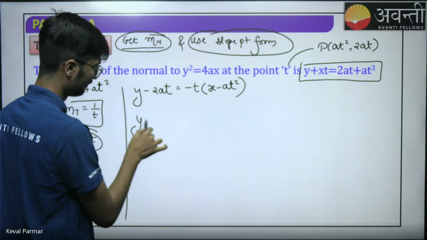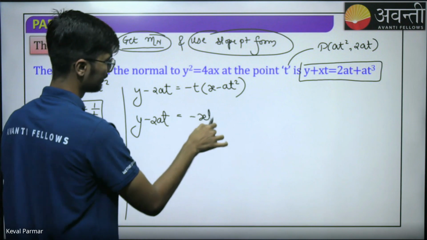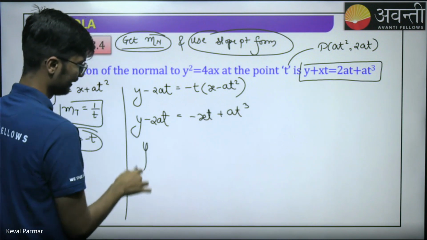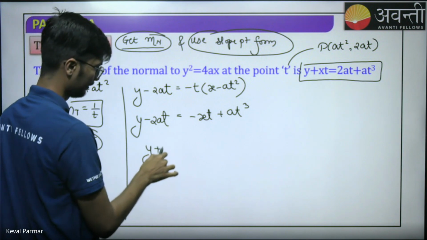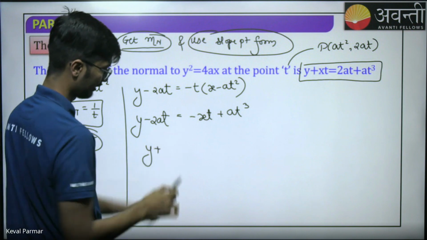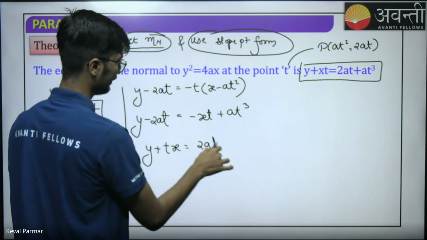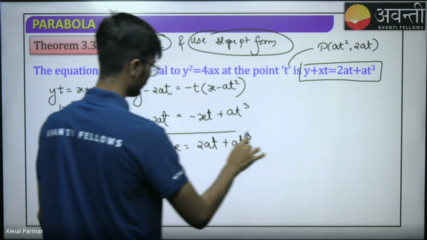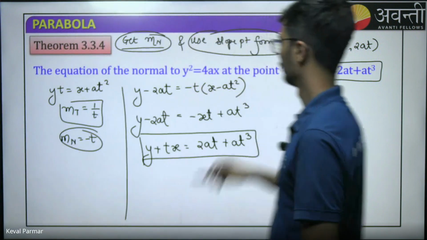So simple. y minus 2at is equal to minus xt plus at cube. If I rearrange, I'll get y plus tx is equal to 2at plus at cube. This is my answer. Simple, correct?